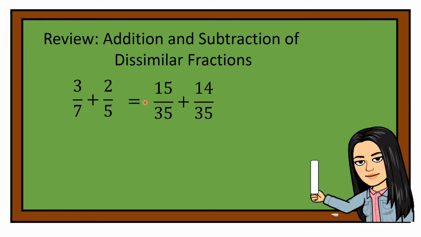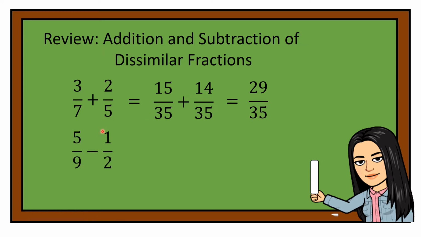Since we have now similar fractions, we can now add the numerators. 15 plus 14 is equal to 29 over the common denominator 35. Since 29 over 35 doesn't have common factors, it is already in simplified form.